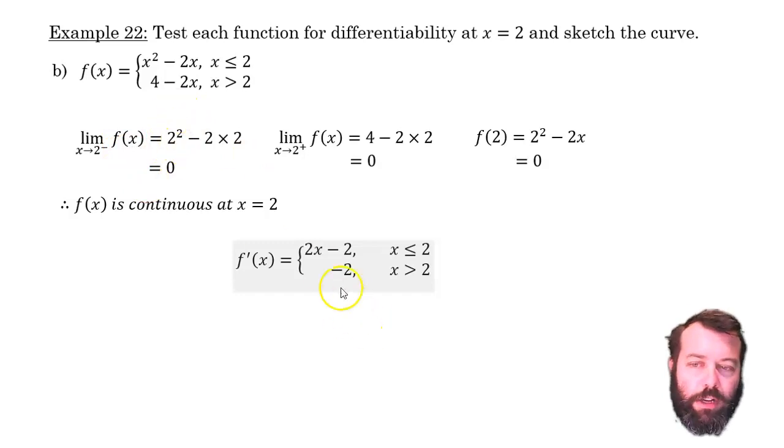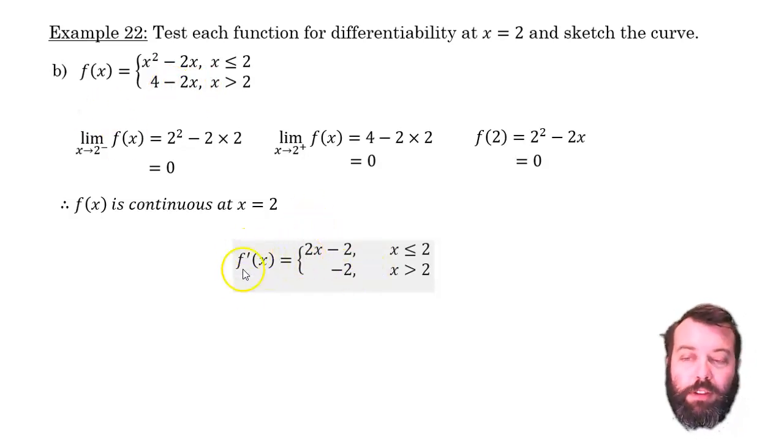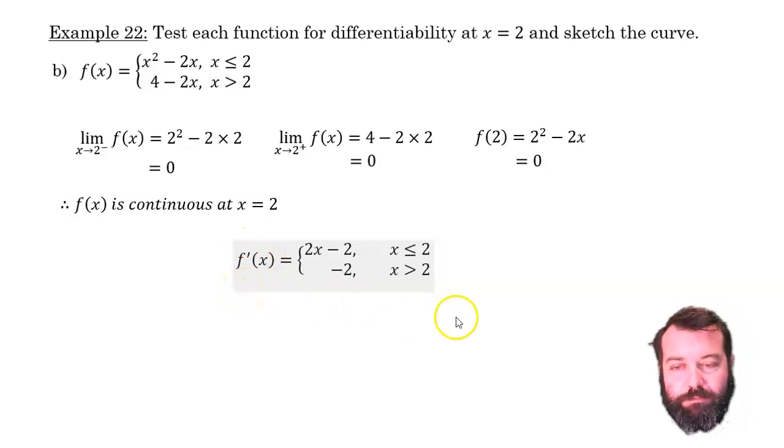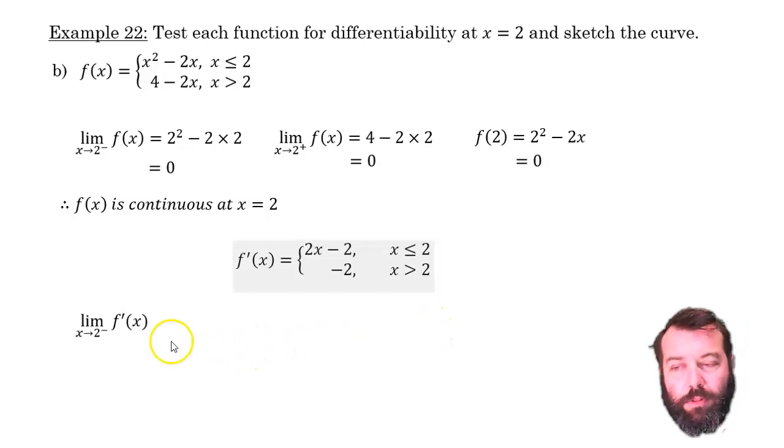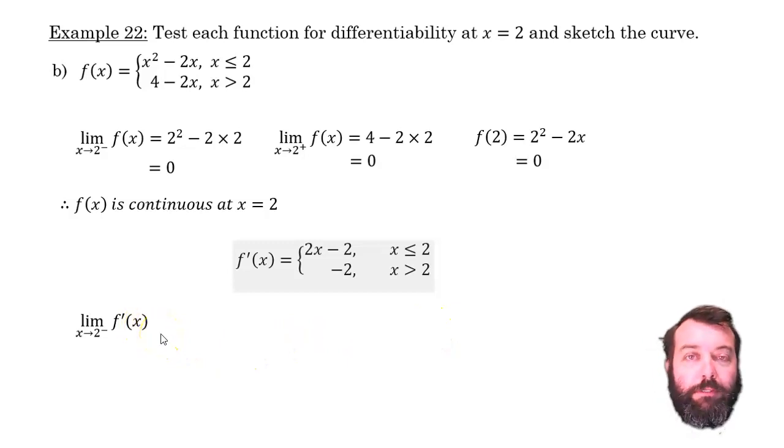So we differentiate the function. I differentiate the two parts there. The derivative of x squared minus 2x is 2x minus 2. The derivative of 4 minus 2x is negative 2. So now my derivative is expressed as a piecewise defined function. Now, testing for smoothness, we look at what happens to the derivative on either side of that point.